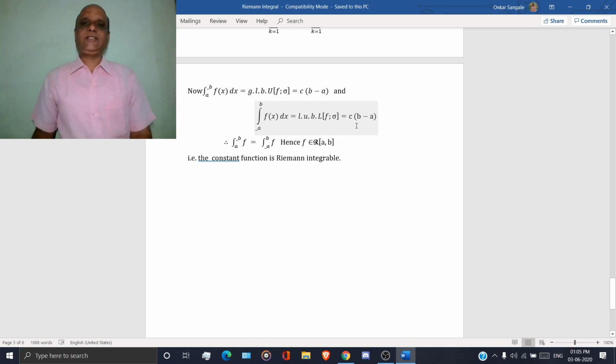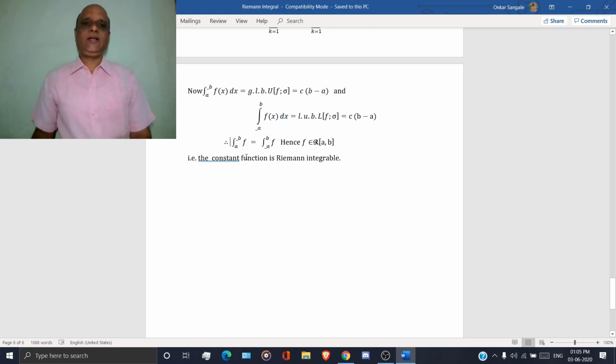So the right sides of the equations are the same, so the left hand sides are also the same, and therefore the upper integral and lower integral are equal.